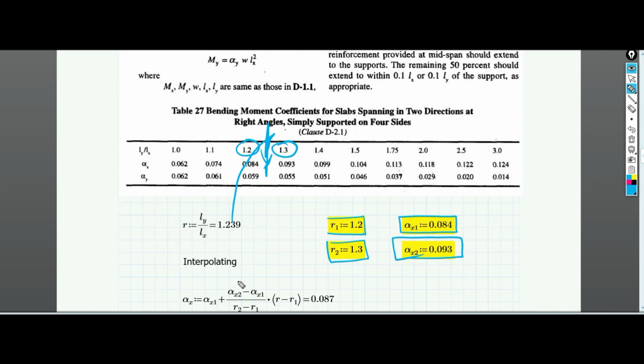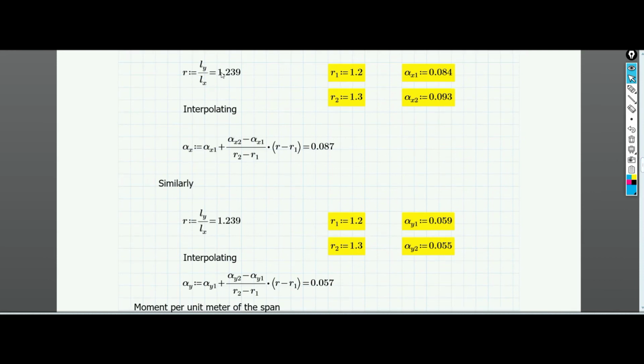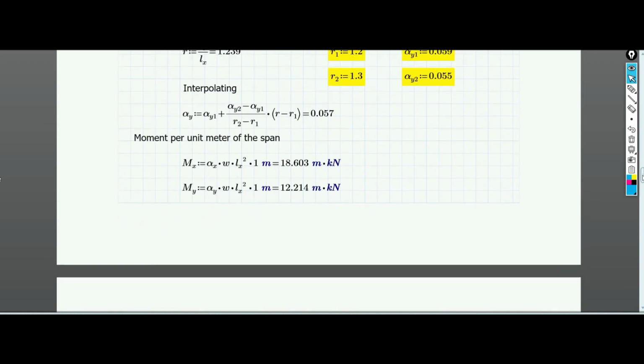After interpolating, we can find the value of alpha x for the ratio 1.239, which is 0.087. Similarly, we can find alpha y after interpolating, which is 0.059. There is nothing to explain; it is directly taken from the table.